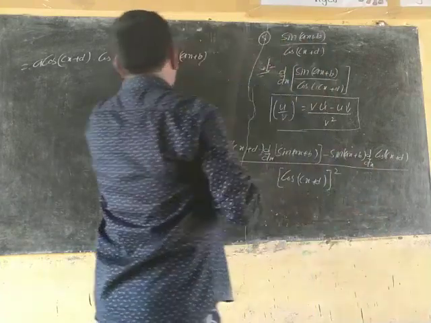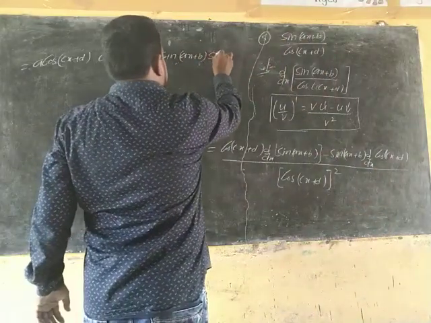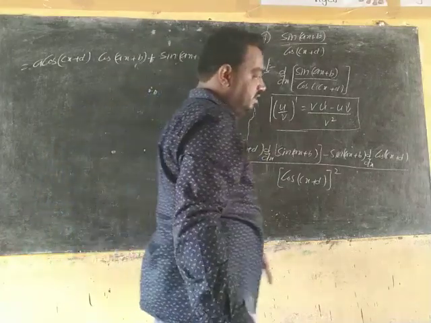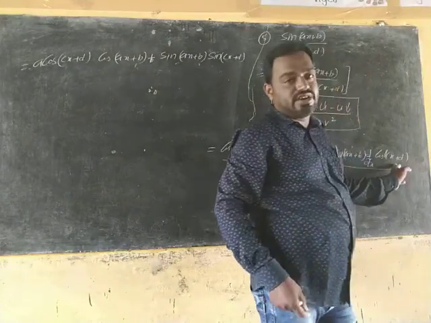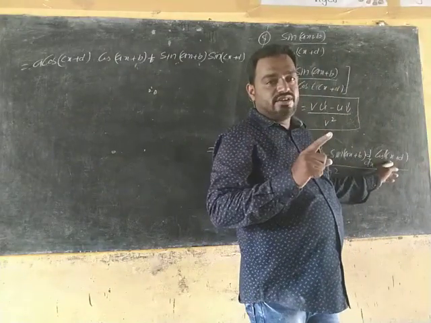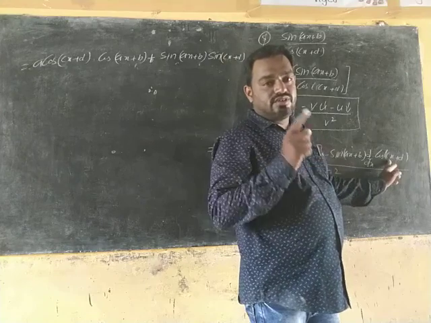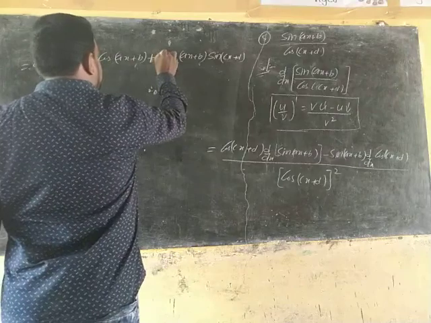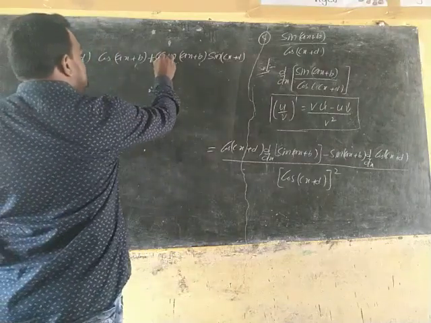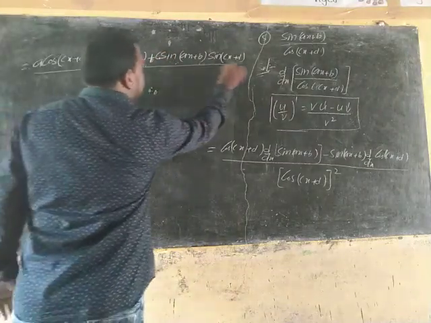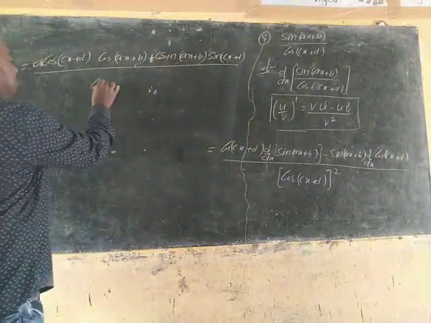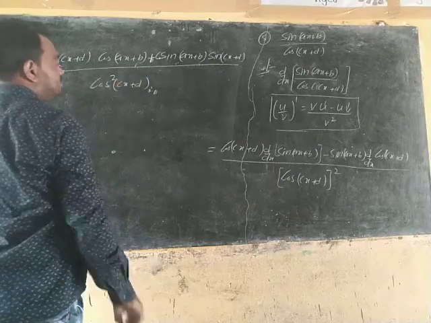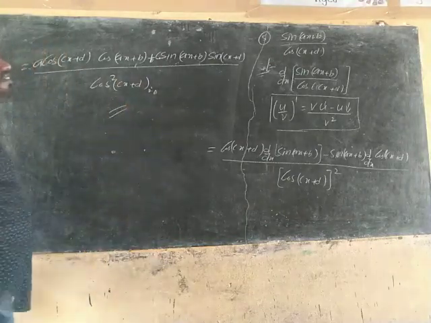So minus into minus, plus sine of cx plus d. Next, cx plus d derivative we need to write: c into x derivative 1, d derivative 0, c into 1 is c plus 0, c only. So c I am writing here. c into sine of ax plus b by cos square cx plus d. This is the answer.